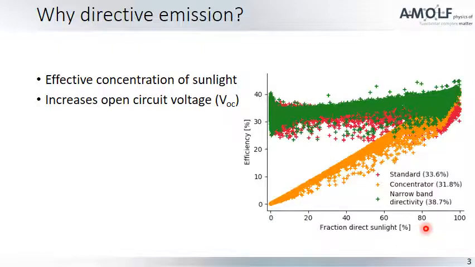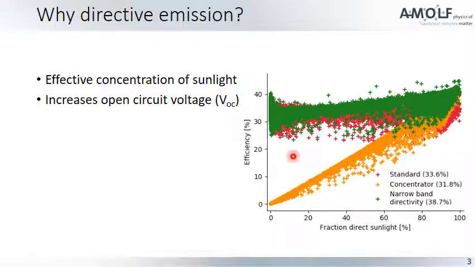And here we can see that when there is a low fraction of direct sunlight, which means a high fraction of diffuse sunlight due to scattering of the light by clouds, the efficiency of a macroscopic concentrating lens drastically drops, because the concentrating lens does not focus the diffuse sunlight to the cell, so you miss out all this energy.